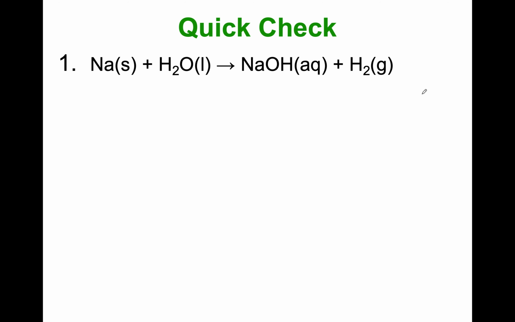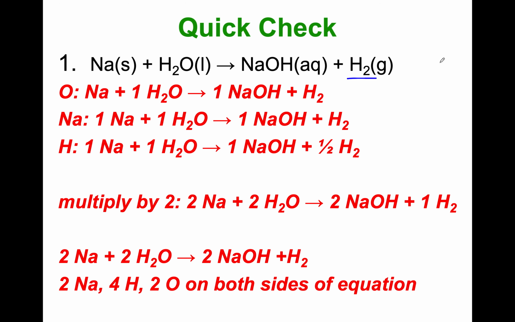So now we'll go in a little bit more detail. Sodium in water gives this nice violent reaction, hydrogen gas. You can ignite it, it's pretty exciting. So if you want to start the process, you can take a look and see that oxygen, we're 1 oxygen, 1 oxygen. Okay, that's good.